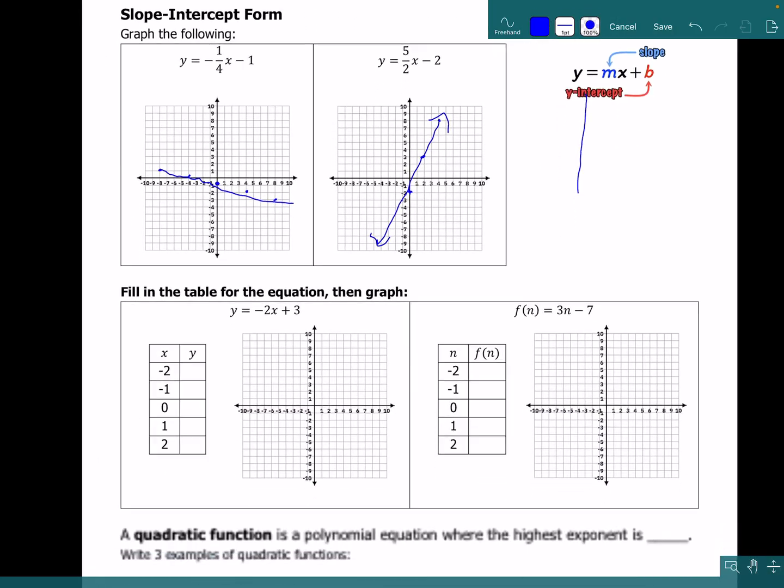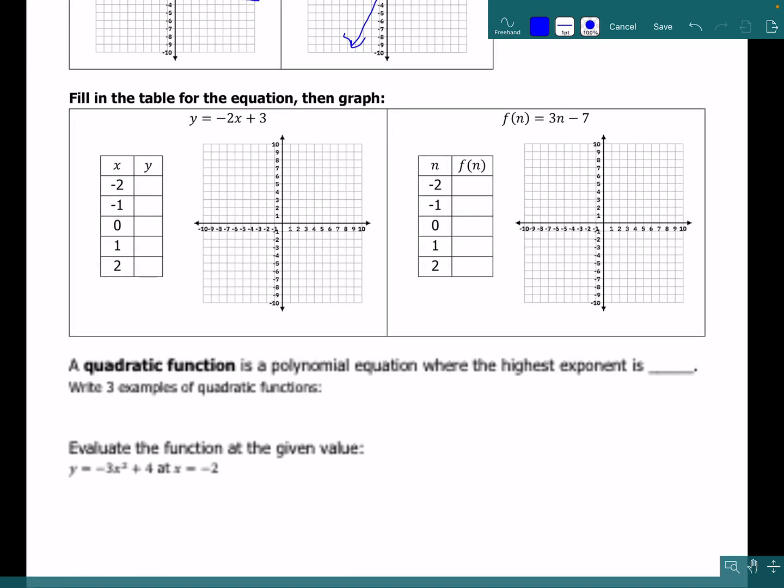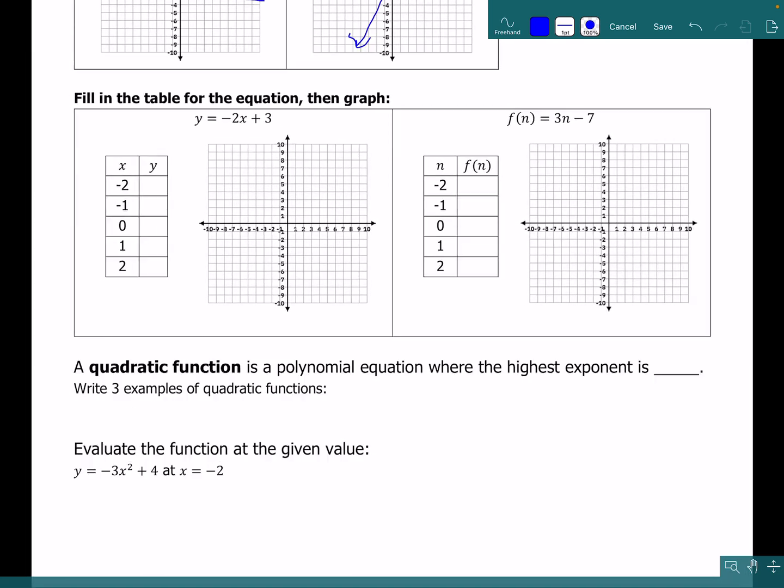All right, now we can also graph from tables. We do that by plugging in the x from the table into the equation right here. So this first one would be negative 2 times negative 2 plus 3. And that, when you plug it into a calculator or do it in your head, you get 7.